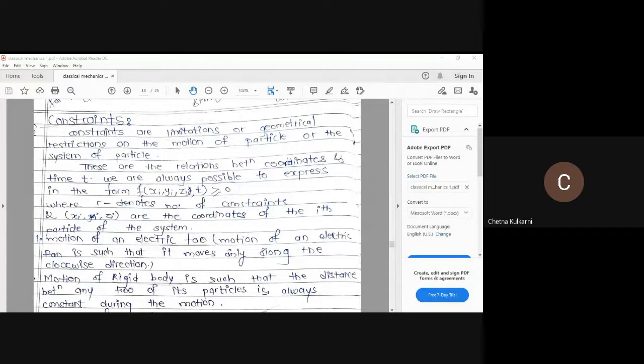Maybe the mic is on. Vaibhavi Kumbhar, please unmute yourself. So please, whenever we are having a lecture, try to keep your mic off.